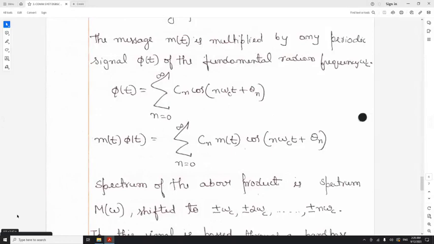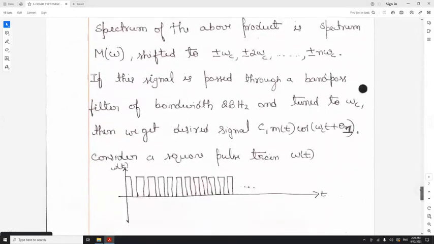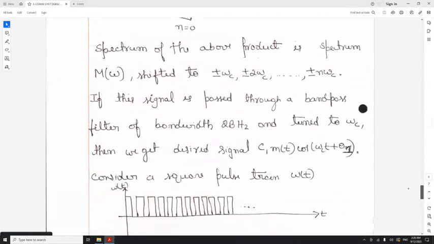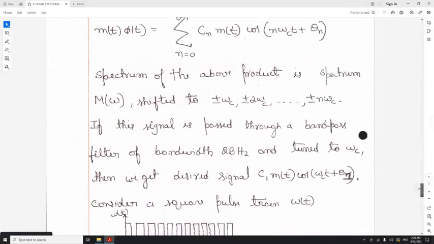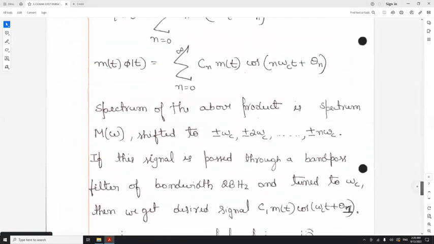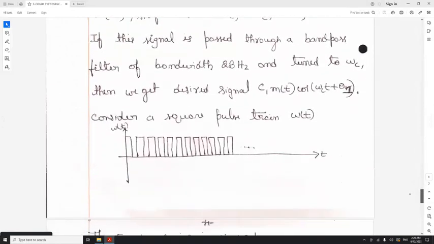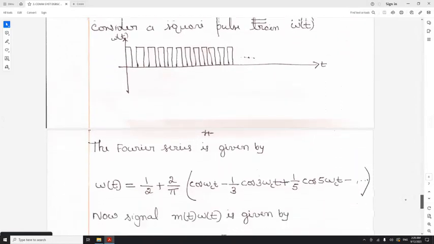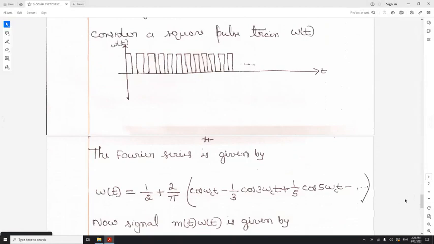That is what a switching modulator is. I will take now one switching modulator case. I have already explained this to you. Now, let us consider a periodic pulse train, right?